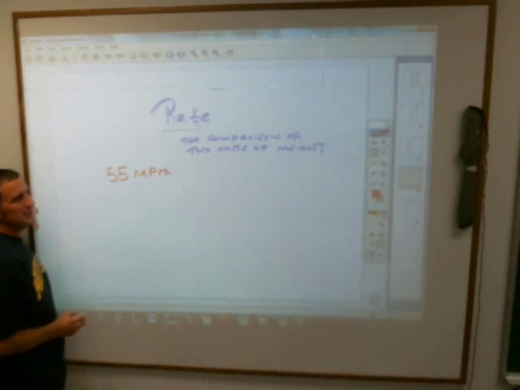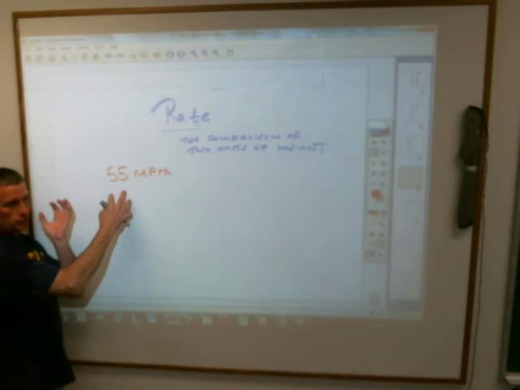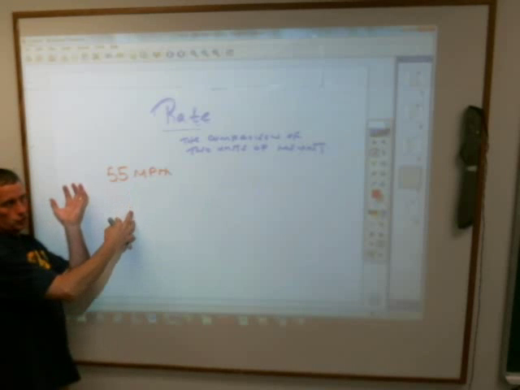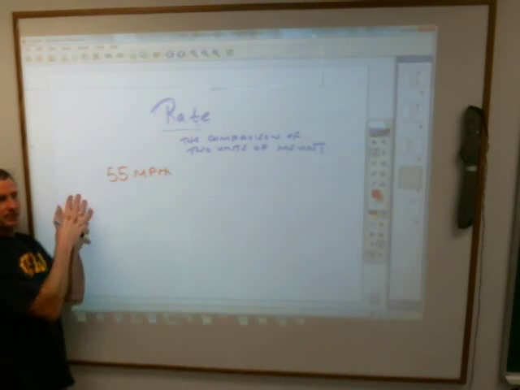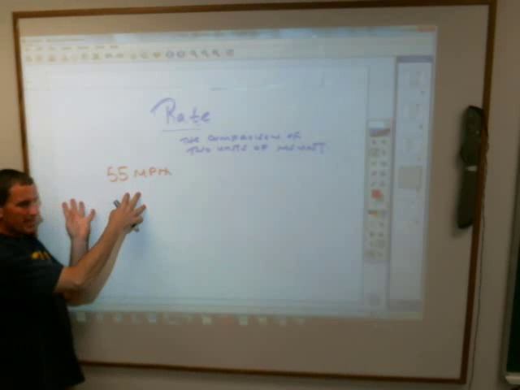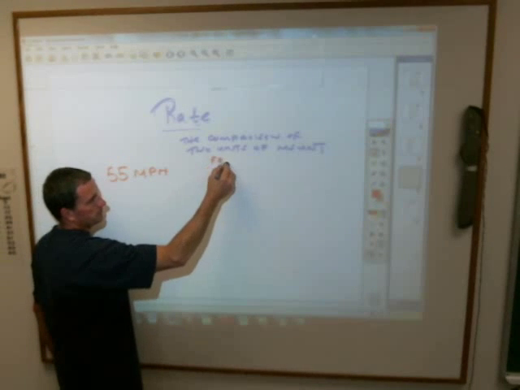We put mph, okay? This is kind of like a translation of what it should be mathematically. If I'm writing this mathematically, what does it mean? Usually rate is written in fraction form.